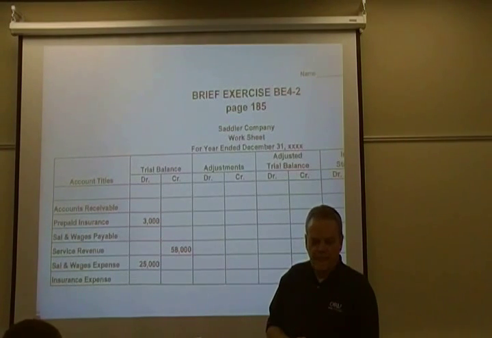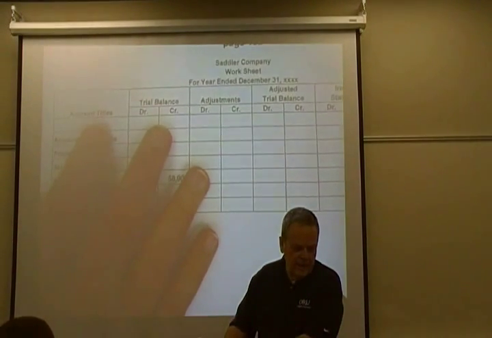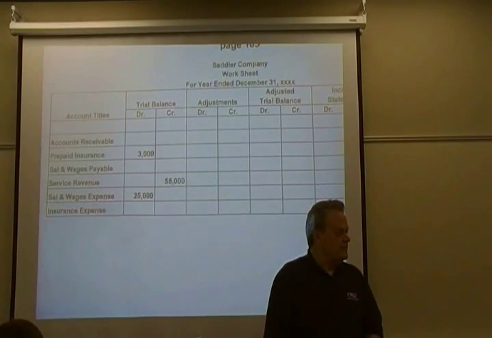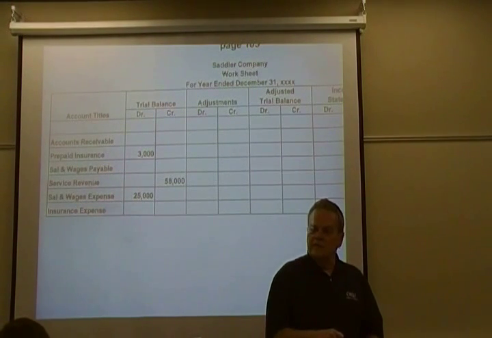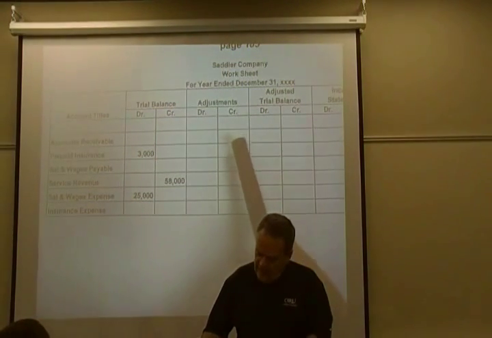Okay. That 1,800, you're going to put it on adjustments and a credit. We're going to credit it for 1,800 and debit something. The difference between 3,000 minus 1,800 is that 1,200, class?